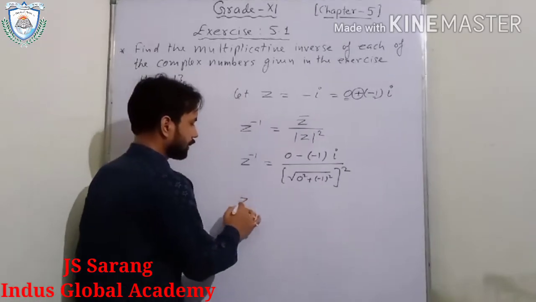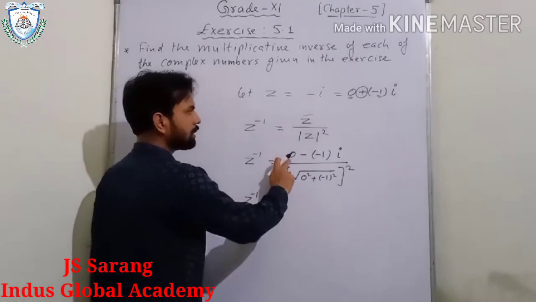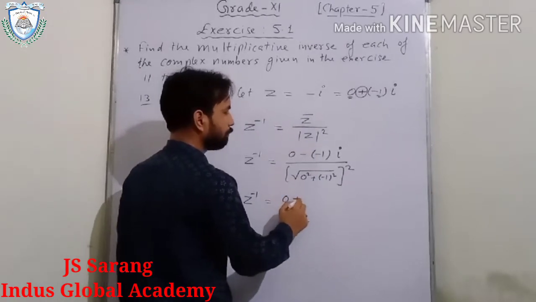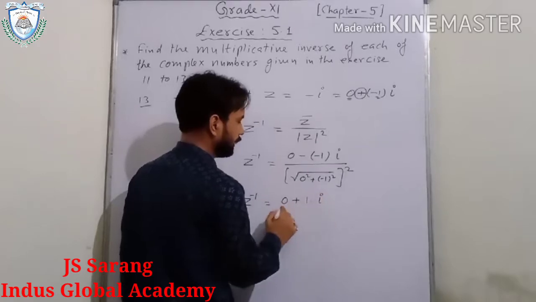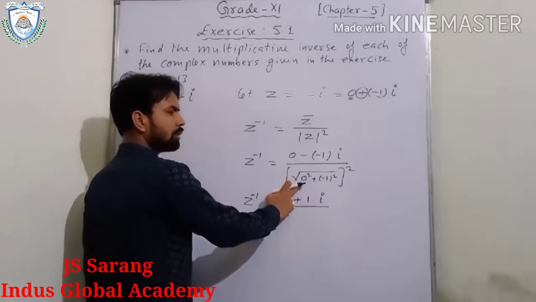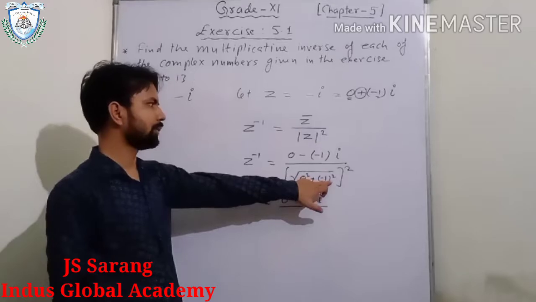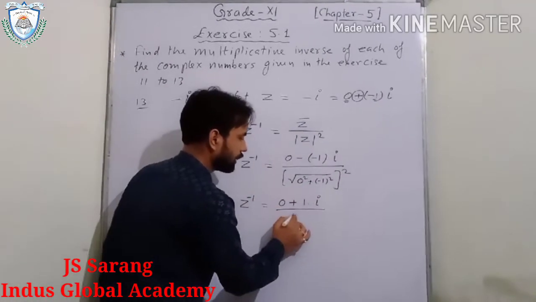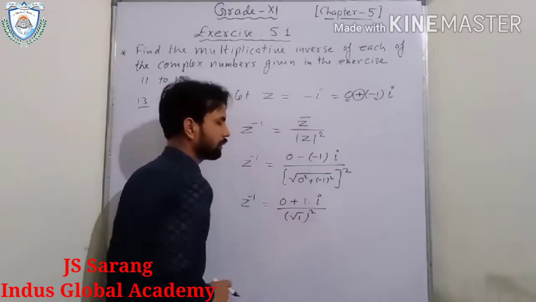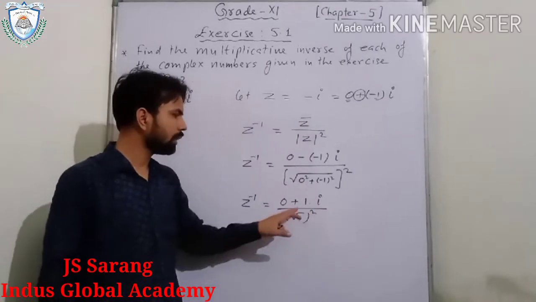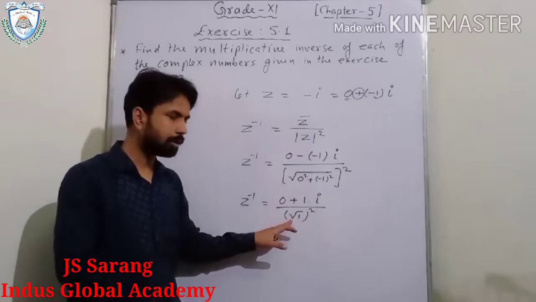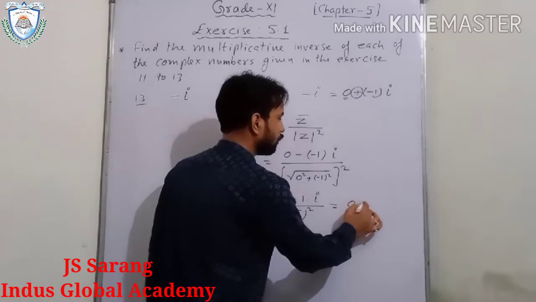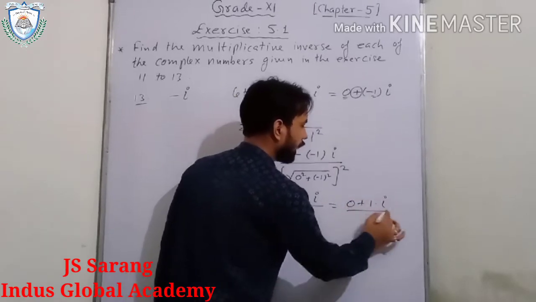Now see, z inverse equals 0 plus 1 into i upon 0 square is 0, minus 1 square is 1, 0 plus 1 is 1, under root 1 square. What is left? Under root 1 square. And we know that when square and square root both are there, this square root sign will be removed. So what is left? 0 plus 1 into i upon 1.